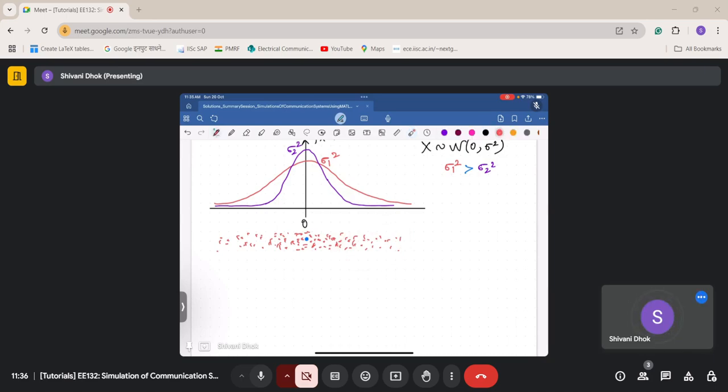However, for this purple line where the variance is small, you will be crowded more near the 0 point, and then it will decay faster.